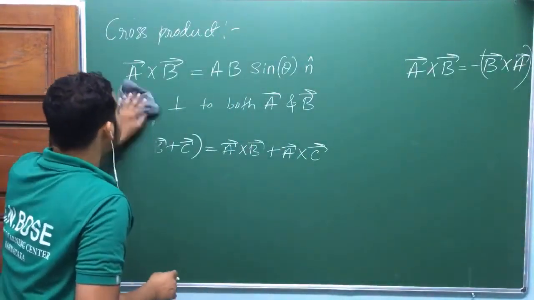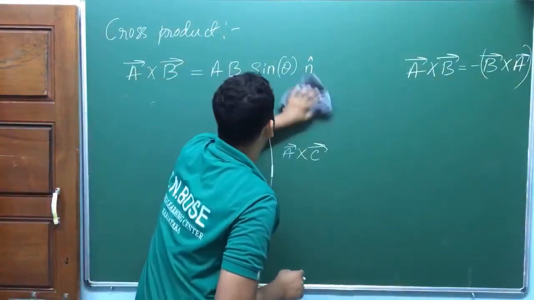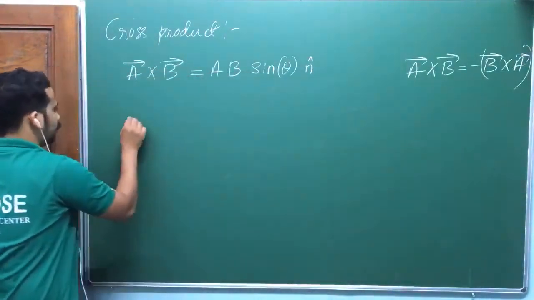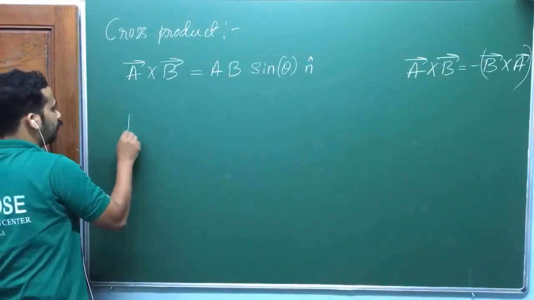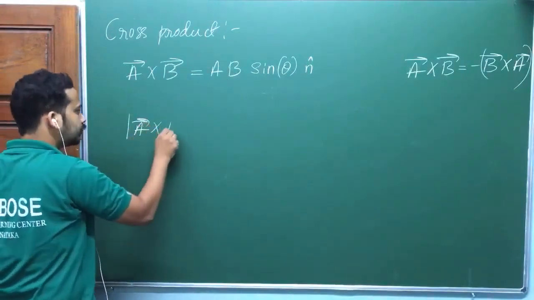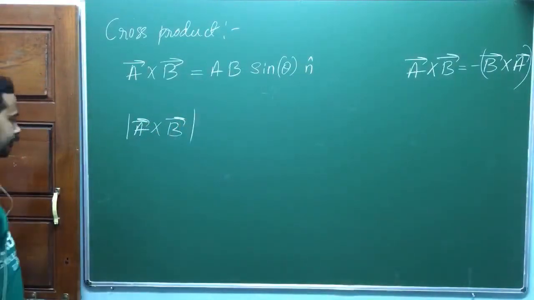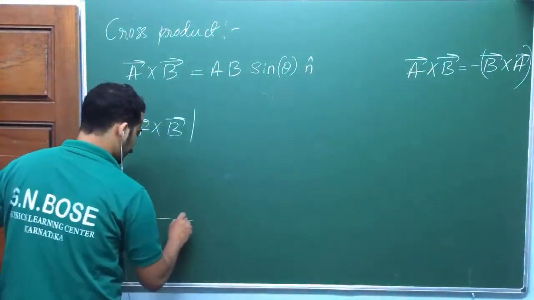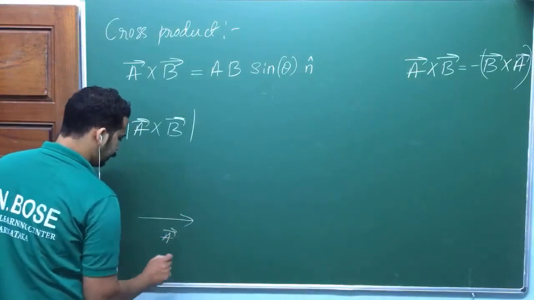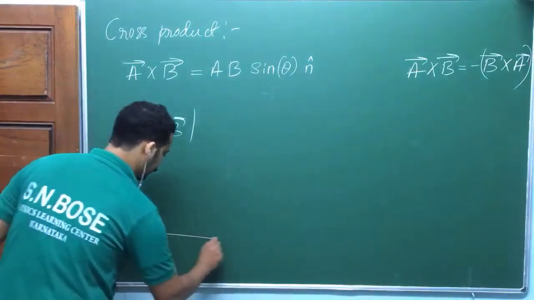One more thing. What is geometrically A cross B? What is the geometrical meaning of the magnitude of A cross B? What is this value actually? Anyone quickly? You have vector A here. Let me take a big diagram.